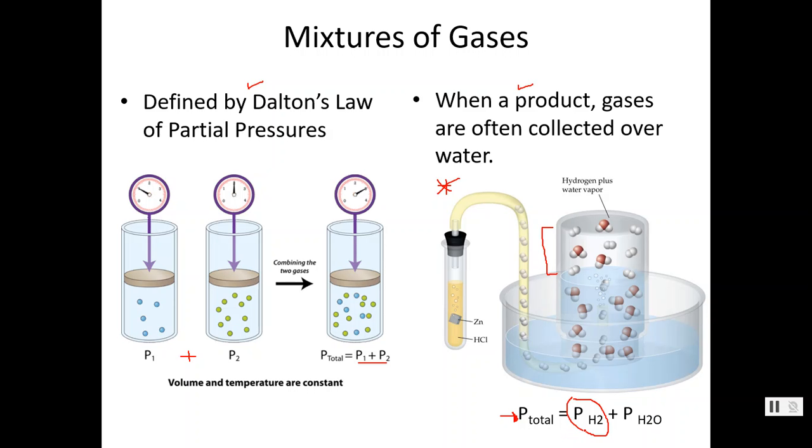So in a subsequent video, we will do an example involving an experiment like this, where you will have to use Dalton's law of partial pressures to determine the pressure of a gas sample.